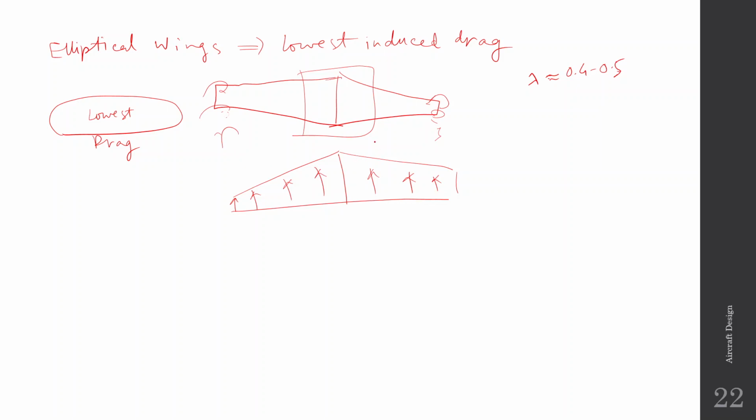Another advantage is that since the root is producing most of the lift, you will have lesser bending moment. Imagine if the tip section of the wing produced a lot of lift. Then the wings would bend. If this is your aircraft, the wings could bend like this. And this also happens.